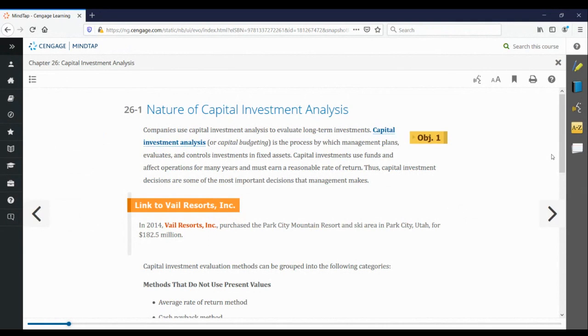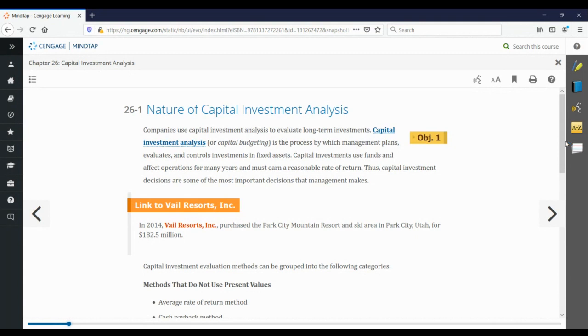Okay, what we're going to talk about in capital investment analysis is that our company is going to be thinking about investing in certain types of assets, and they're going to want to be looking at different types of assets that they might want to invest in.